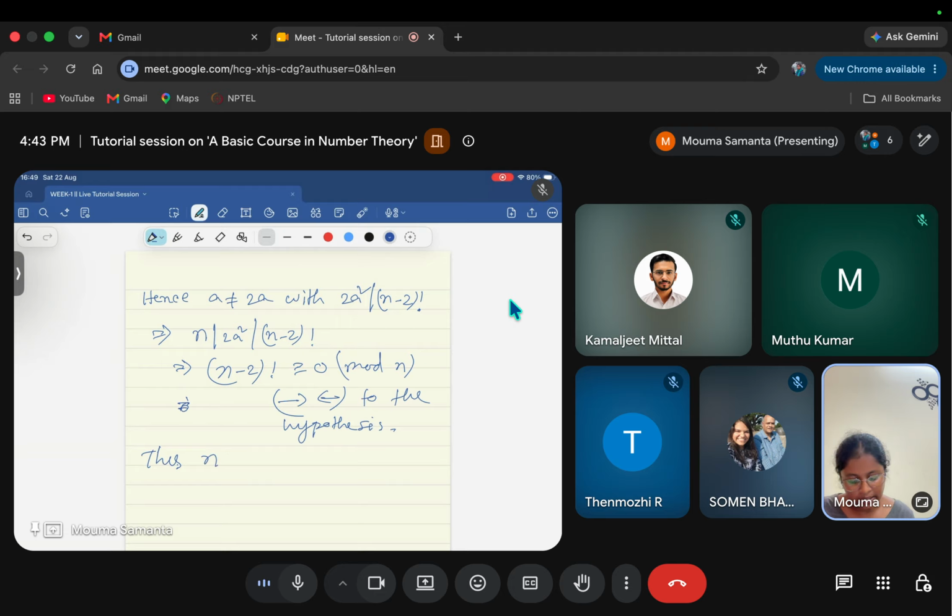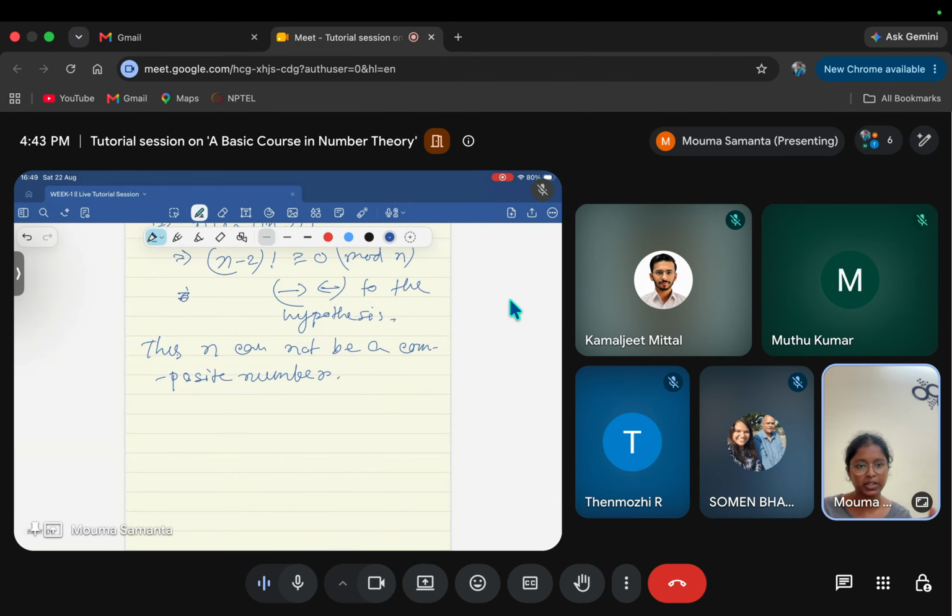Thus n cannot be a composite number. This question has too many cases, so be careful and go through the proof once again if you don't understand.